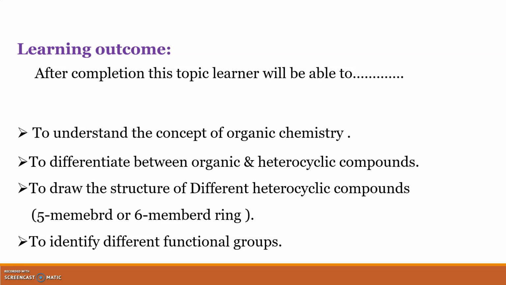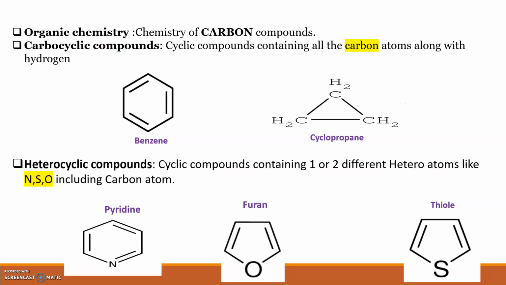Then, to draw the structures of different heterocyclic compounds, maybe the five-member ring or six-member ring. Next, to identify the different functional groups. So these are the four very important learning outcomes. After completion of this topic, the learner will understand all these learning outcomes.